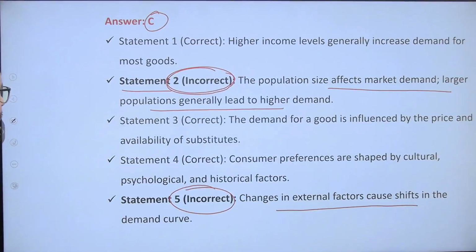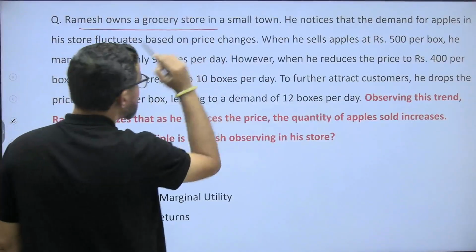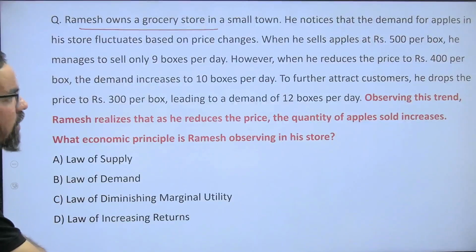Next one. Ramesh owned a grocery store in a small town. He noticed that the demand for apples in his store fluctuated based on price changes. When he sold at 500 per box, he managed to sell 9 boxes per day.